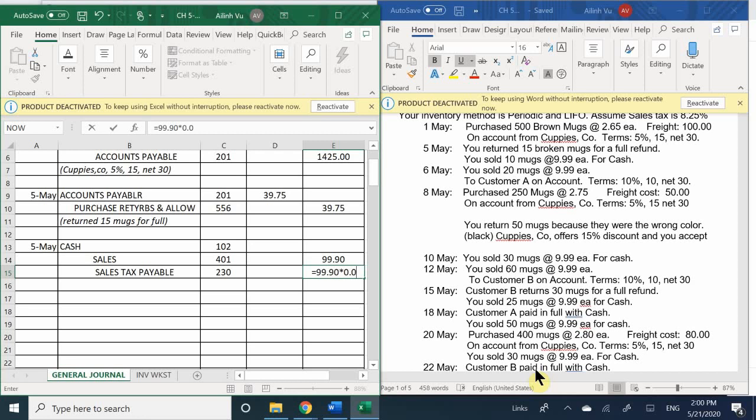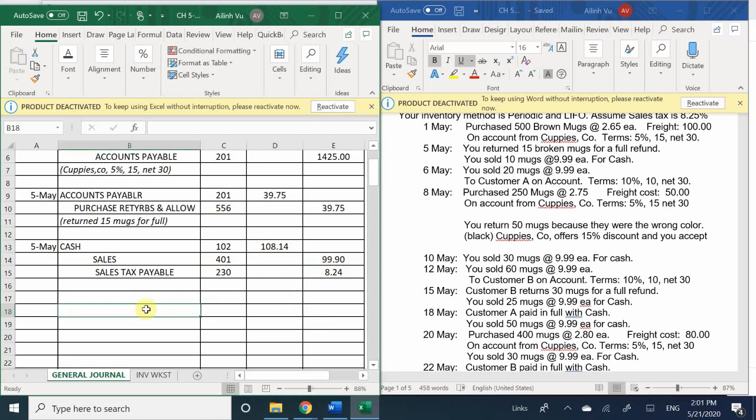We multiply $99.90 by the tax rate of 8.25%. And we get $8.24. Good. So what is the total amount of cash we're going to receive? Add them up: 108.14. Yes, 108.14.